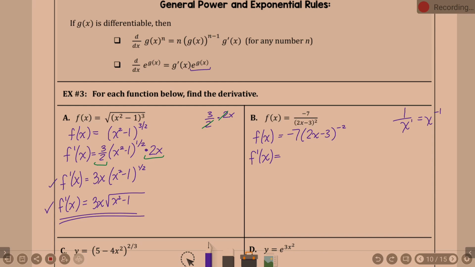Outside function. 14 and 3. 2x minus 3. That's it. Times 2.